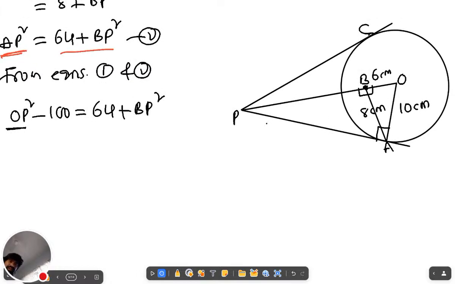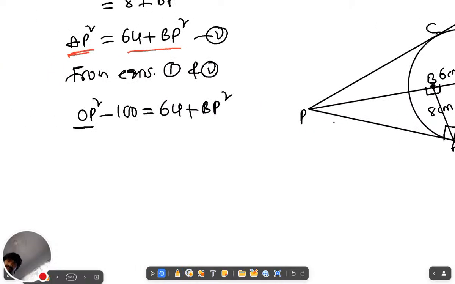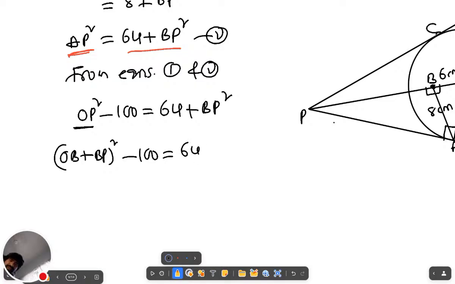Here this OP can be written as OB plus BP, right? So in place of OP you can write OB plus BP whole square minus 100 equals 64 plus BP square.